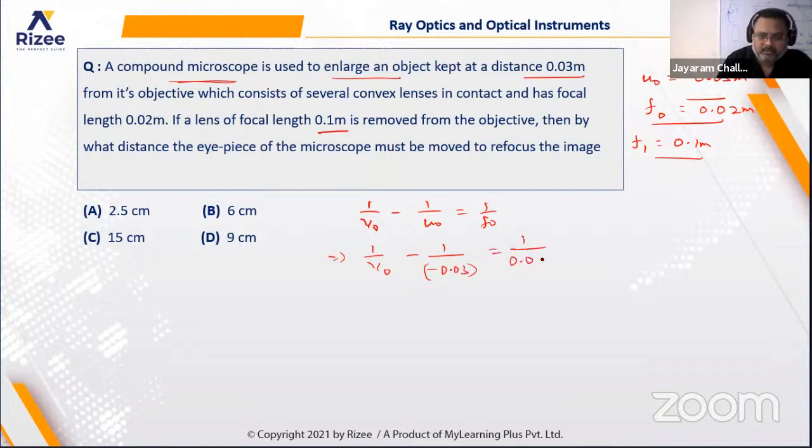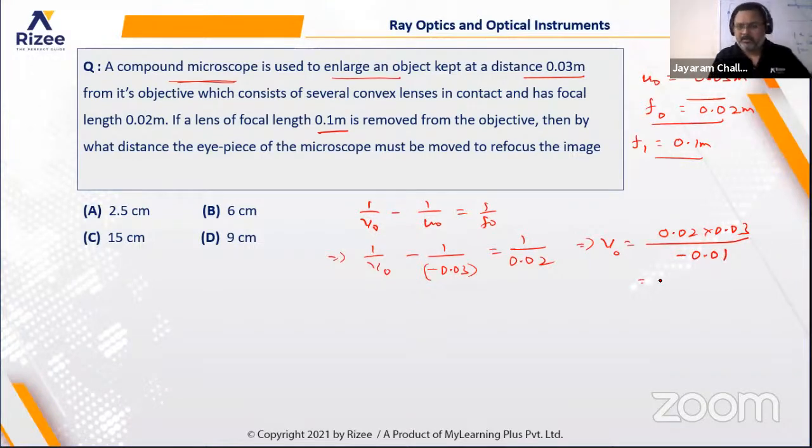When we solve them, v0 is equal to the numerator 0.02 into 0.03 divided by the difference between these two things, which is 0.01.